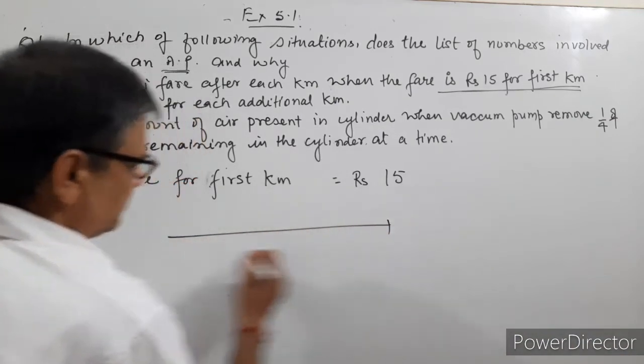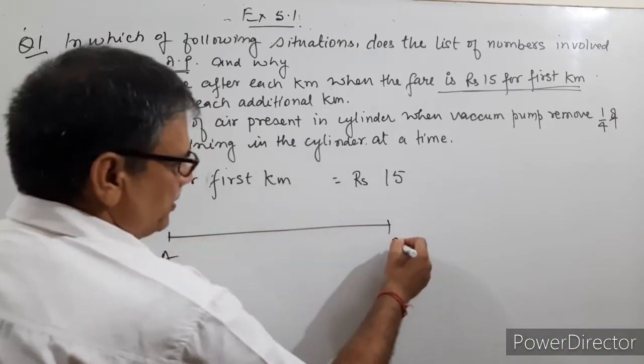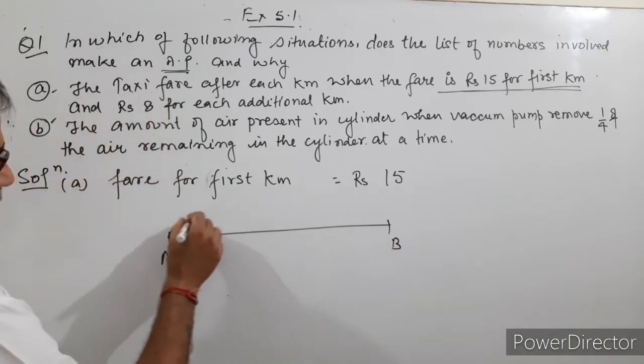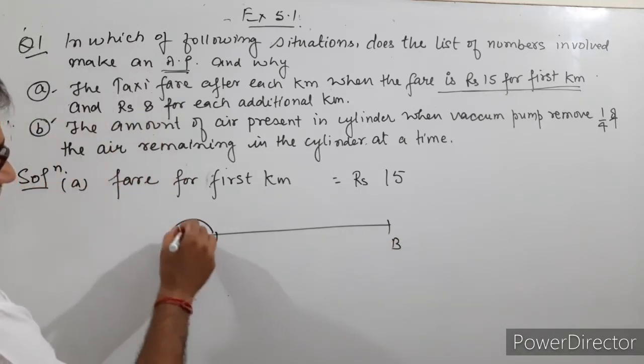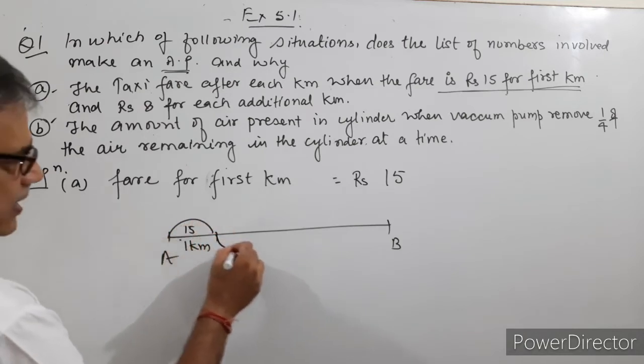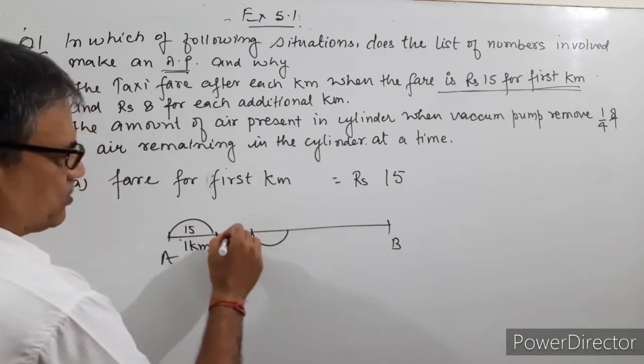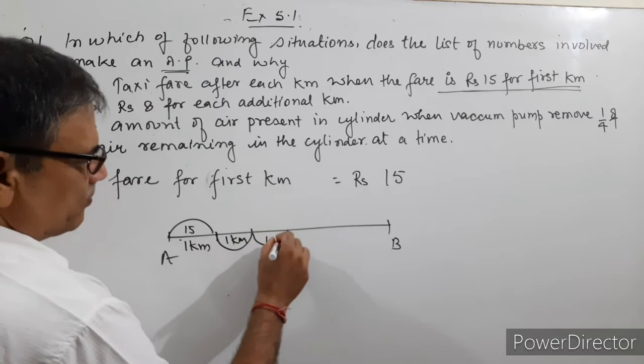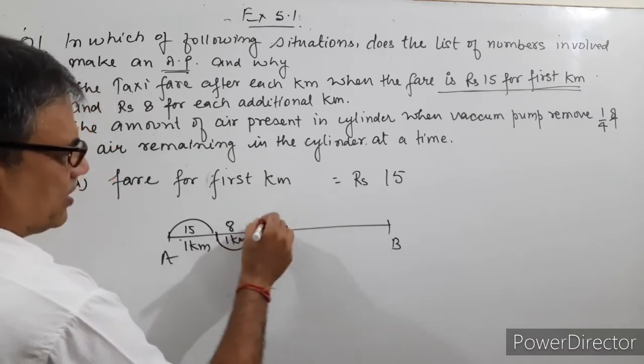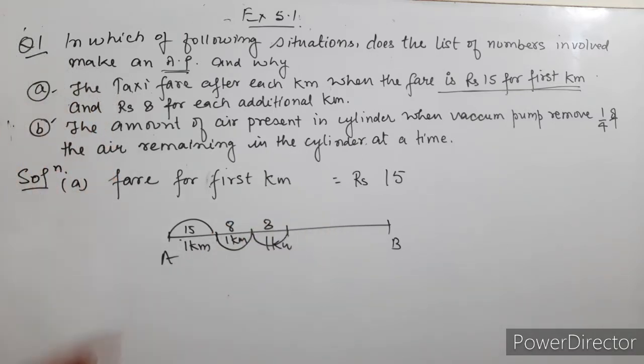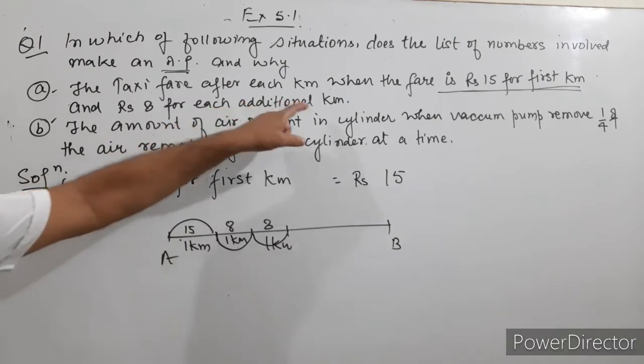If here is A and B, this is the first kilometer and its charge is 15. After that, each kilometer is also 1 kilometer, and the charge is 8 rupees per kilometer.